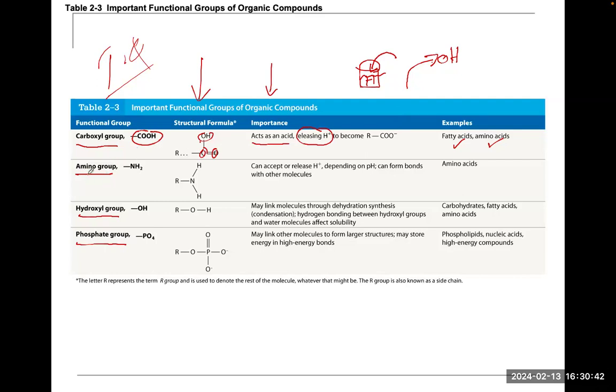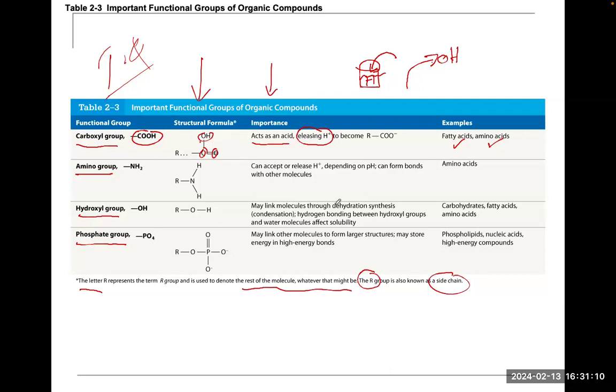An amine group, or an amino group. So the R is the side chain. Okay. You can see on the bottom, the letter R represents the rest of the molecule, whatever that's going to be. That R group is whatever the side chain is, that long group of carbons, whatever it may be.